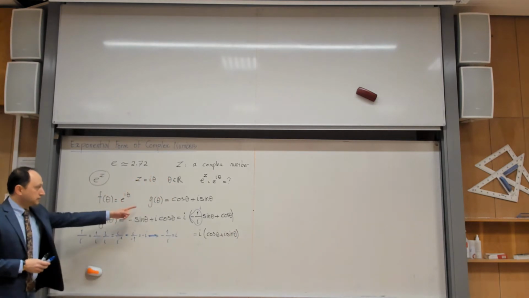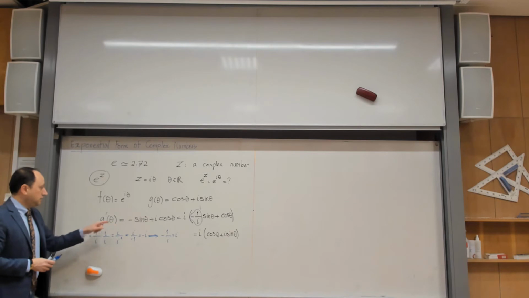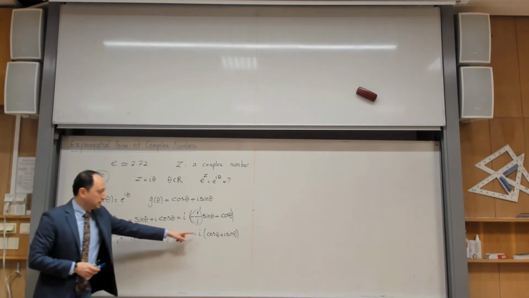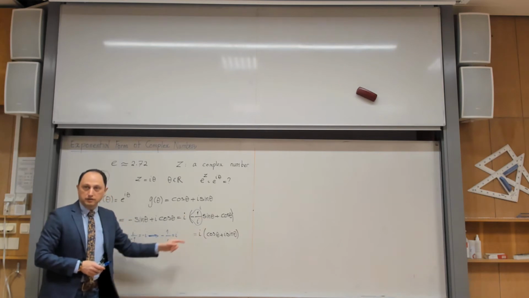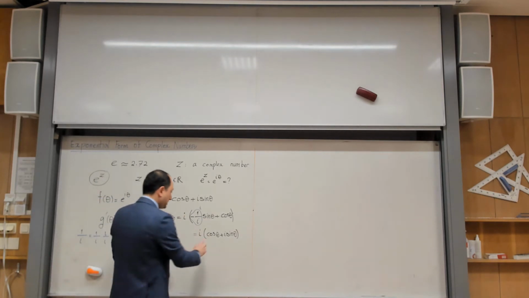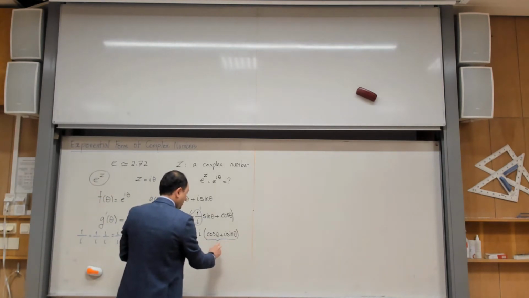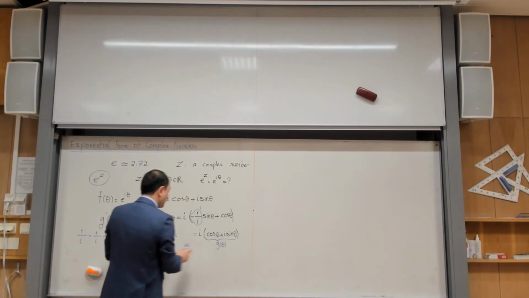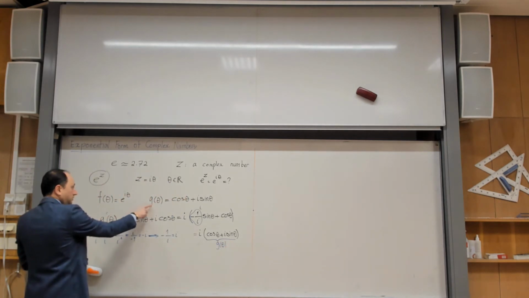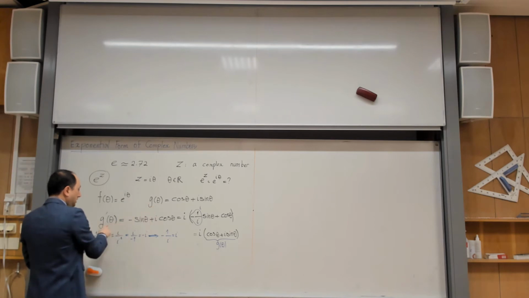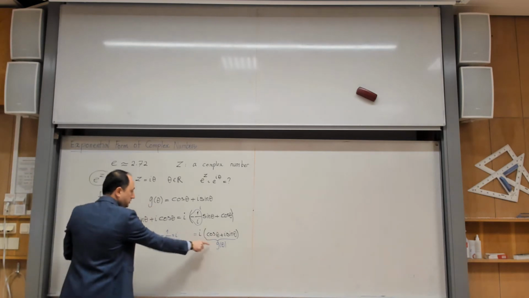So I introduce a function. What I did, I differentiate that function, and it becomes i times the same function itself. You see that this part is nothing except g of theta.